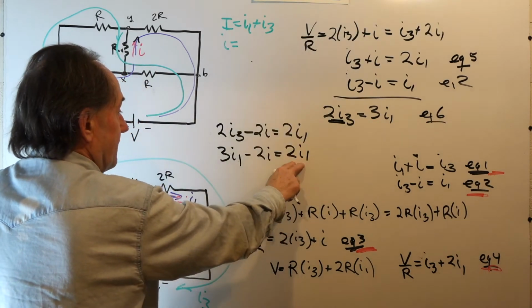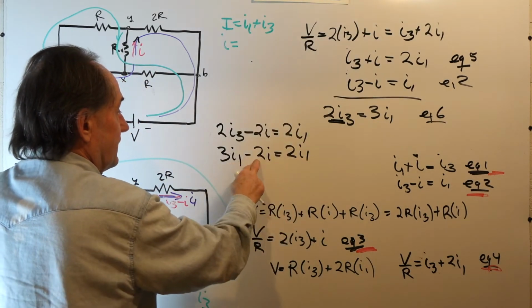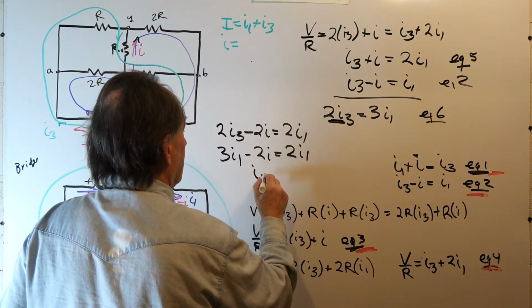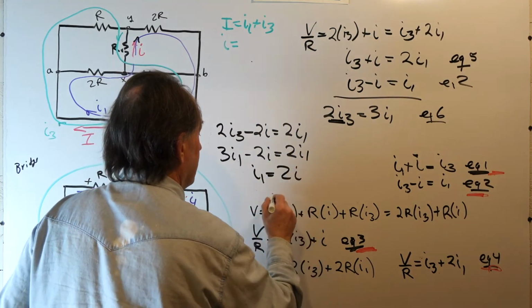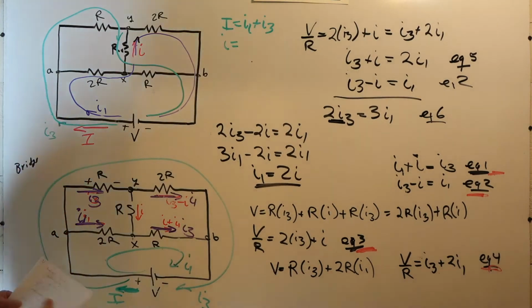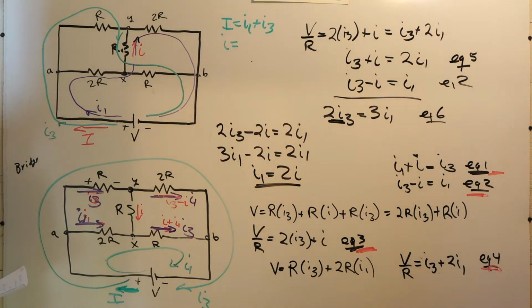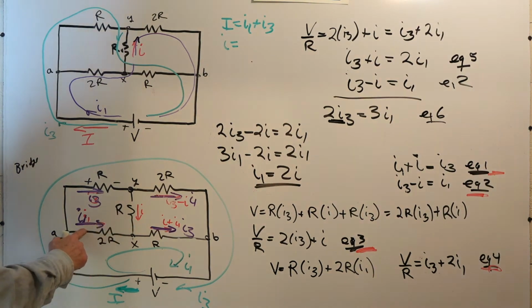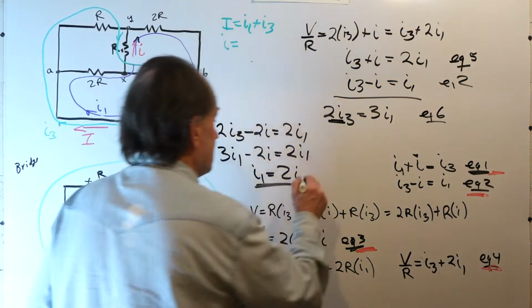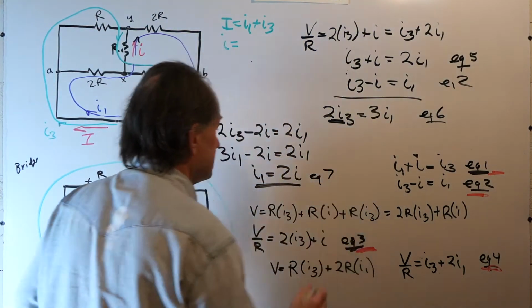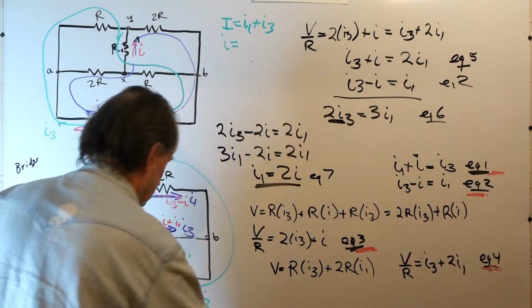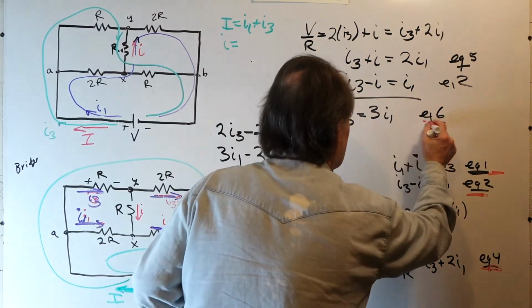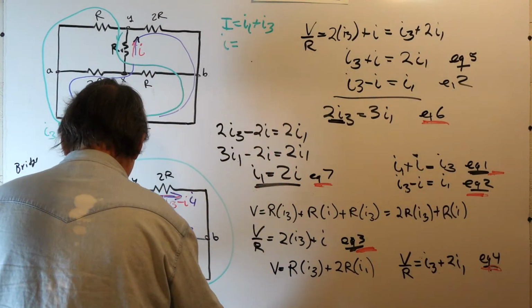Combining, bringing the 2I1 to the left and 2I over, we end up with I1 equals 2I. So now we have a relationship of I, what we're looking for, in terms of I1. This is equation 7, and we got our equation 6.